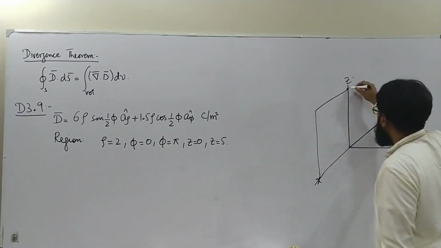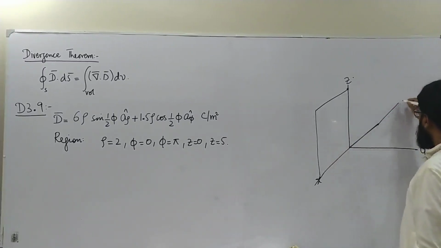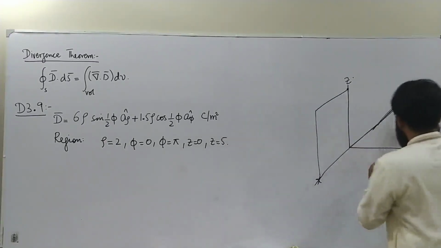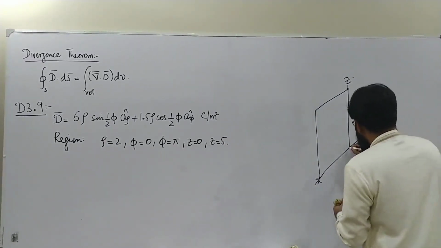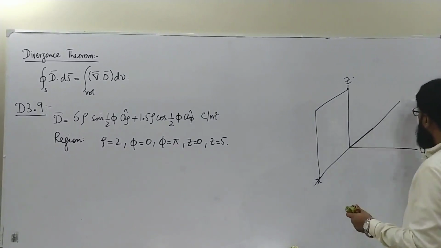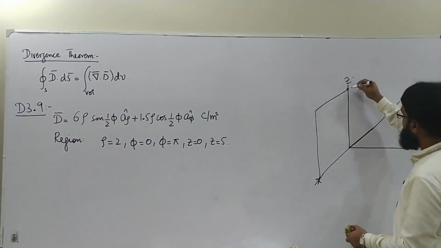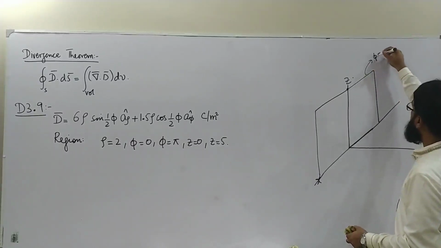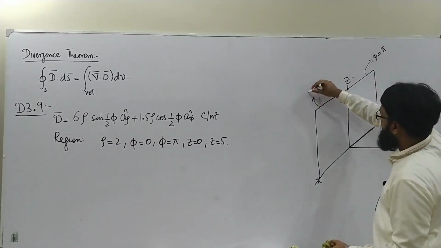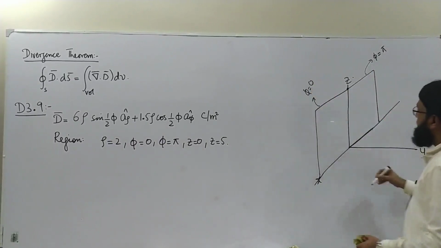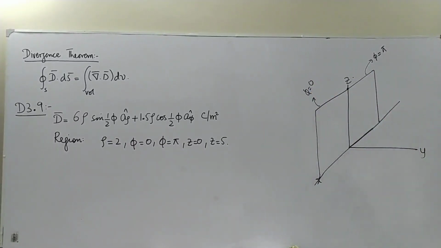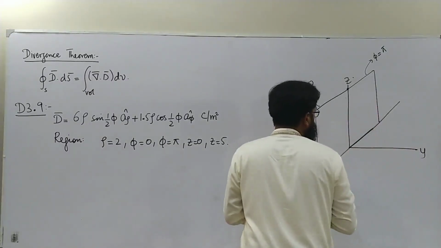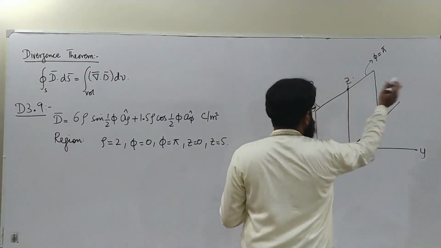And if I take the negative x and z plane, meaning this one, this is phi equals pi. So this one is phi equals 0. So we have got two radial planes, and definitely it's a cylinder.